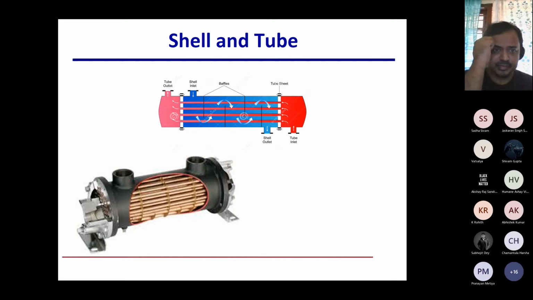Okay. So if I take a projection plane through a cross section, this is how it looks. The hot fluid comes in from here. I marked it as this bright crimson red.